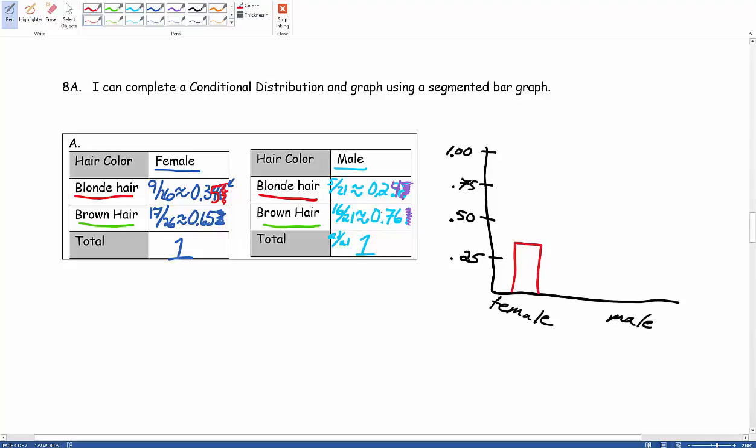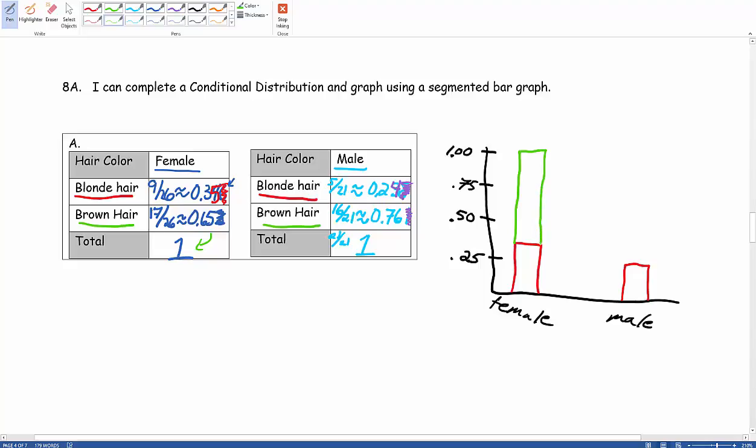For the males, we're about 0.24, so a little less than 25%. Now, when we consider the brown hair females, we're about 65%. But again, we have to total our 1, so pretty much all we can do here is go straight up to our 1.